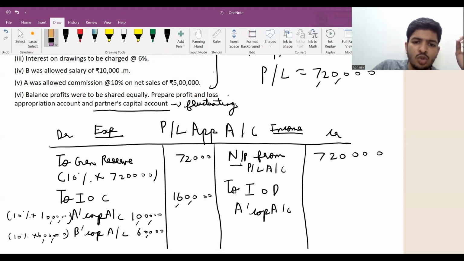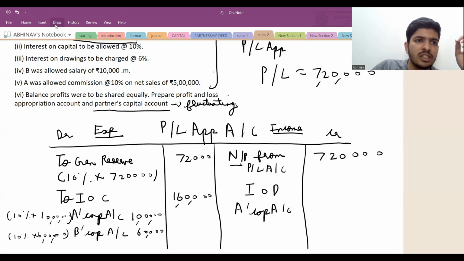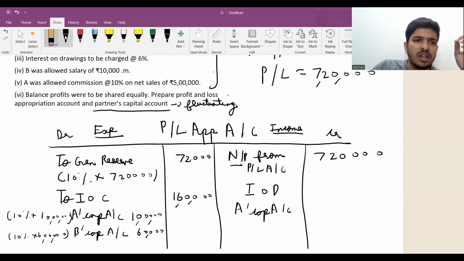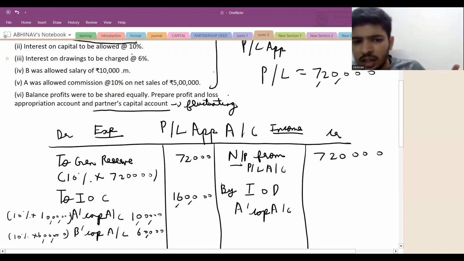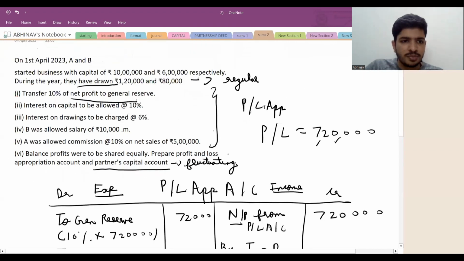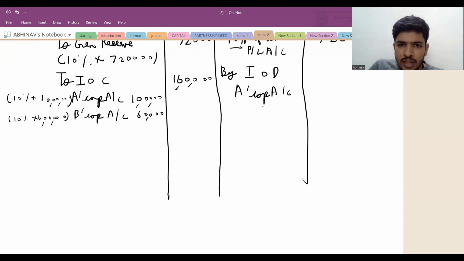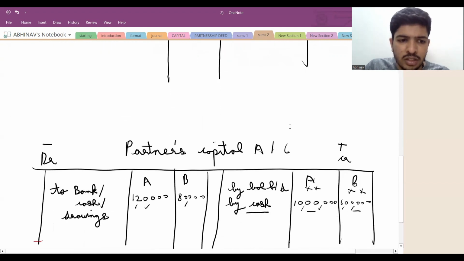Now see, all this, debit and credit, you don't pay close attention. If you don't write it, because as and when you grow up and come to CA, they don't care about this. They only care about this concept. So A's capital account and B's capital account. Now let's calculate the drawings.